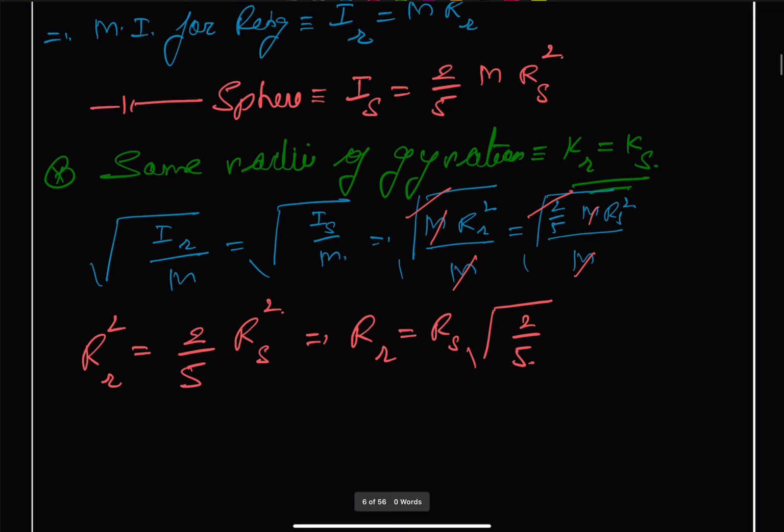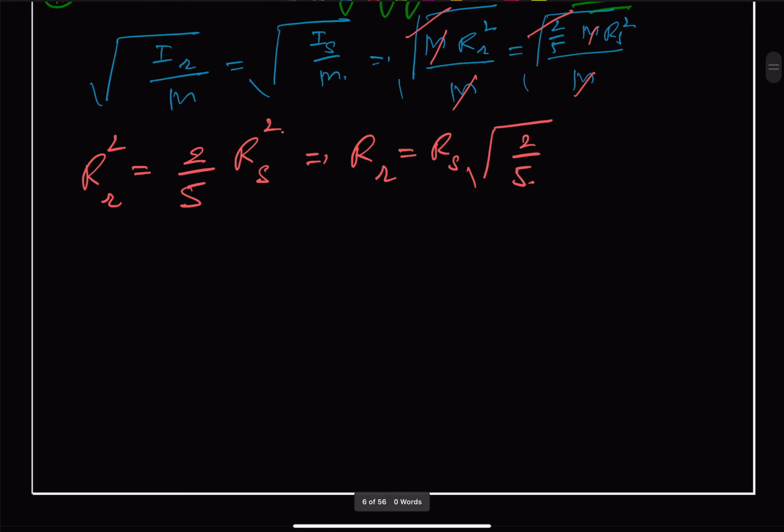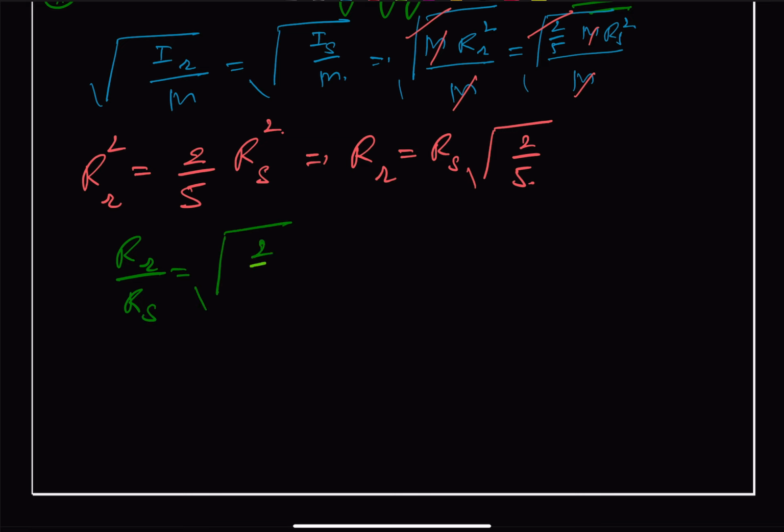And the ratio is given to us as square root of 2 upon x. Therefore, we can say that our radii ratio for ring to our sphere is equal to square root of 2 upon 5. This is also given to us as square root of 2 upon x.